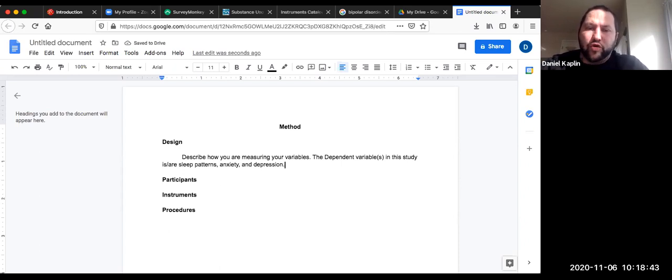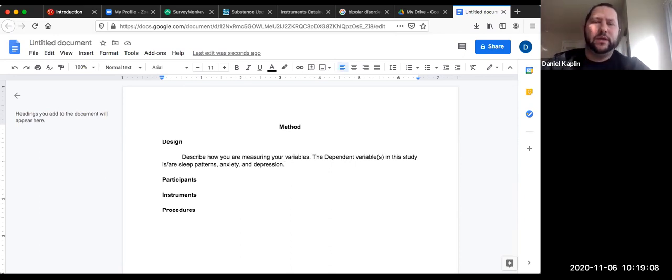Now, you're going to need to group your participants into various categories, right? So you're measuring the effect of the pandemic on sleep, anxiety, and depression, right? So that's what you're measuring. Is there a variable that you're either manipulating or grouping your participants by?